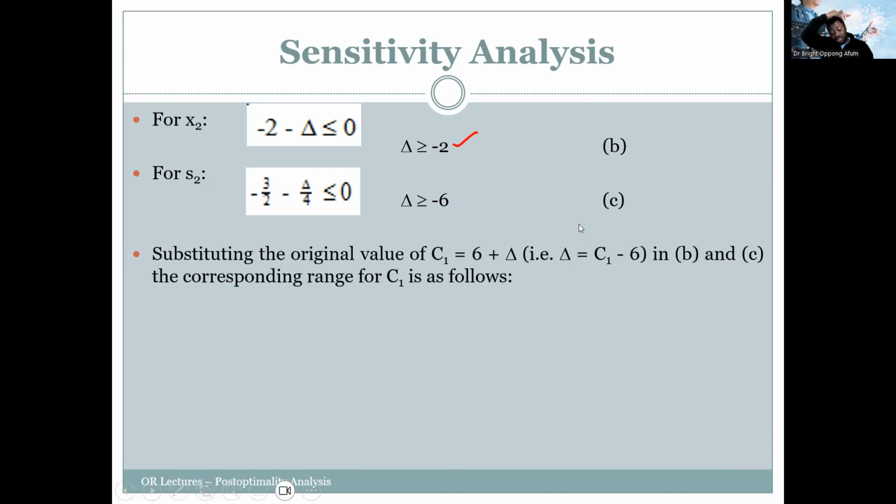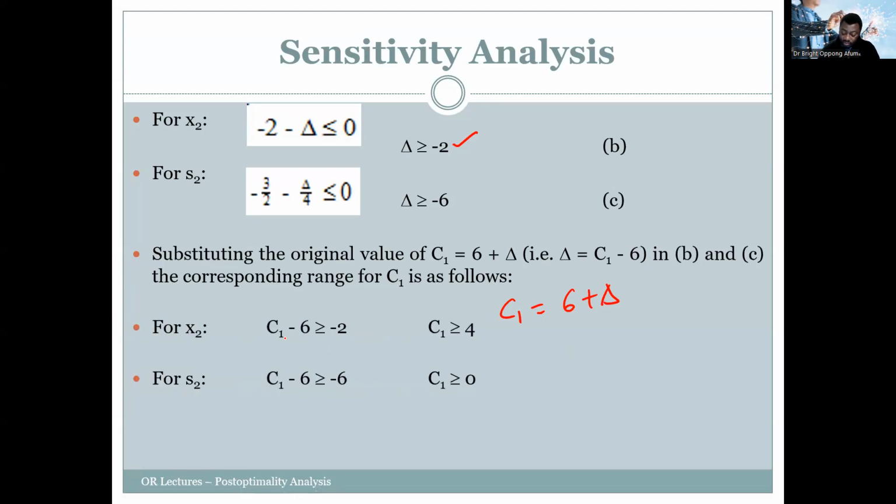So by substituting, C1 is equal to 6 plus the change. Then we'll see that for x2, where we said the delta is -2, when you apply the -2, then C1 should be greater than 4.